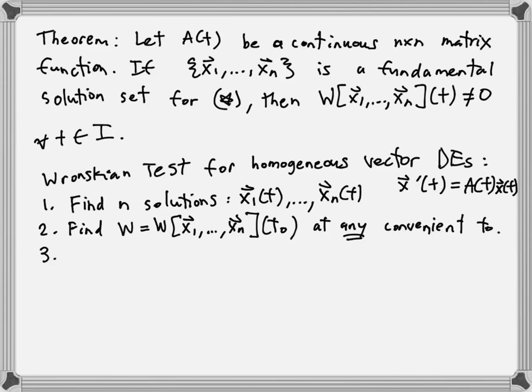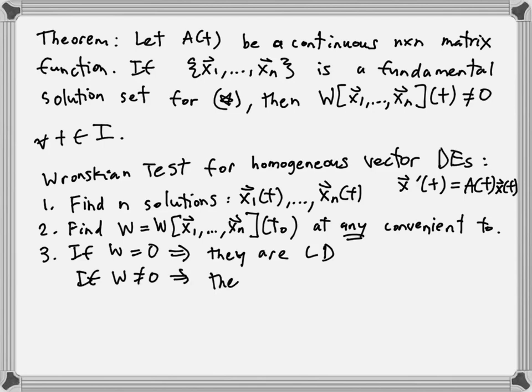And step 3, if the Wronskian is equal to 0, then they are linearly dependent. And the better case, of course, is if the Wronskian is not 0, then they are linearly independent. This is what we want, right? Because if the Wronskian is not 0, then that means your n solutions are linearly independent, so they form a basis and they give you every solution.